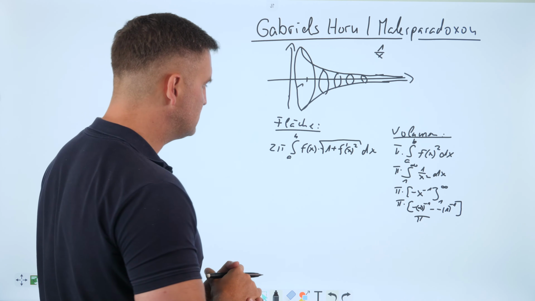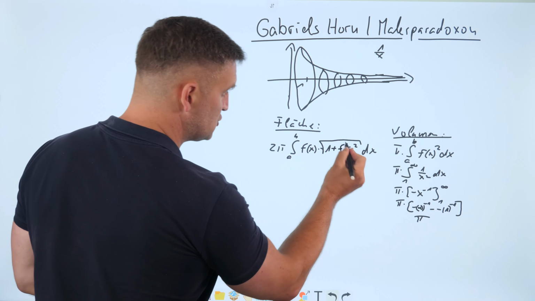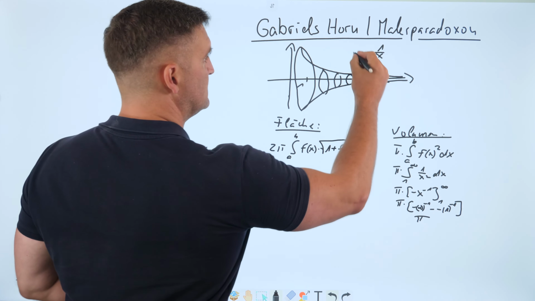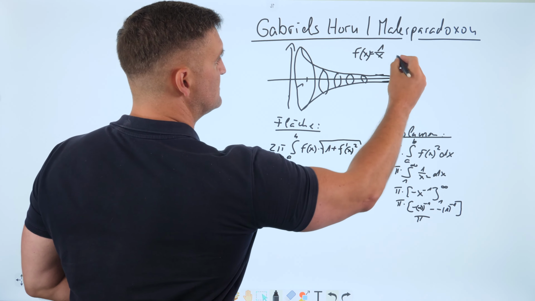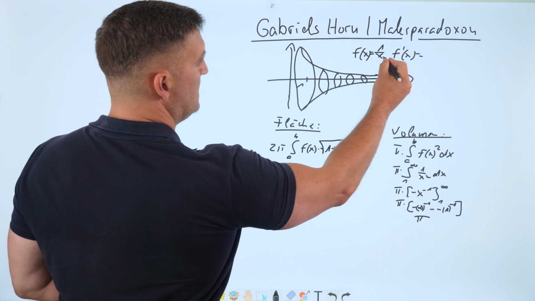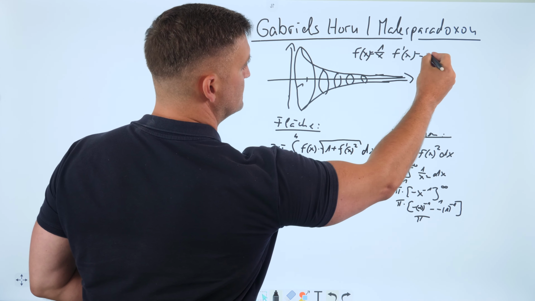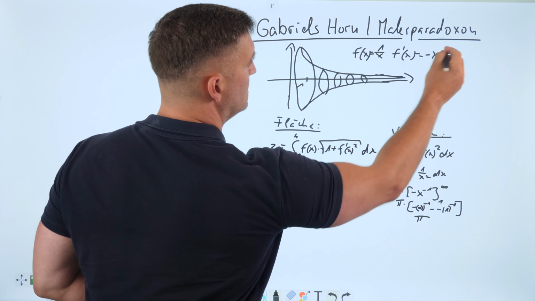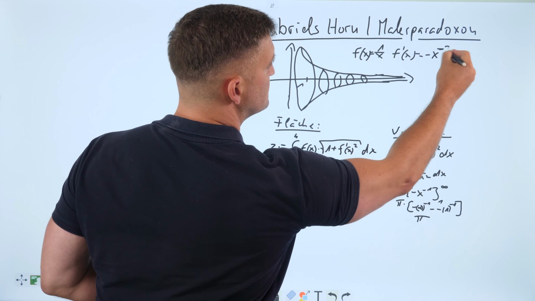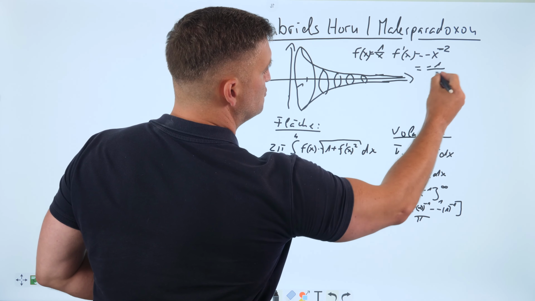Now it gets interesting. We have 2 pi times f of x times the square root of 1 plus f prime of x squared. So we need the derivative of 1 over x. If this is f of x, then f prime of x equals, rewriting it as x to the power of minus 1 and differentiating, minus x to the power of minus 2, or written differently, minus 1 over x squared.